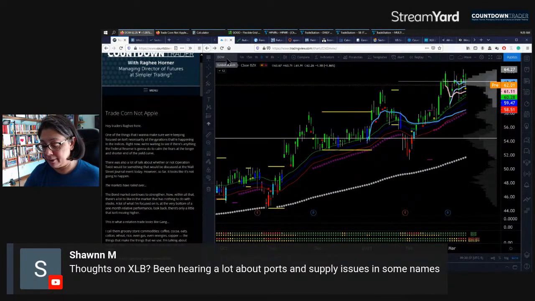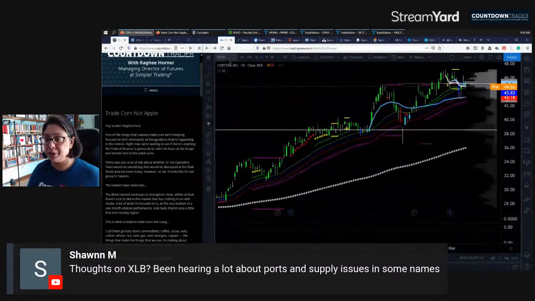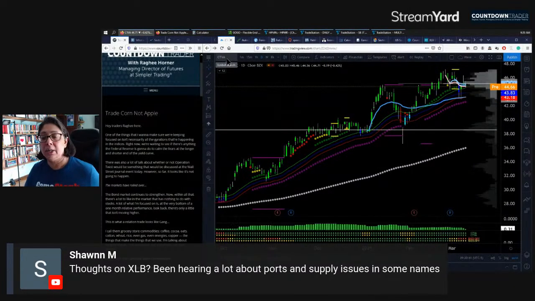And there are, right? You see that? The three that I mentioned, the relative outperformers. So I love the general idea of XLB, Sean, but XLB as a whole is not a tide that's rising. But there are some individual boats that are, and I would definitely keep an eye on that.